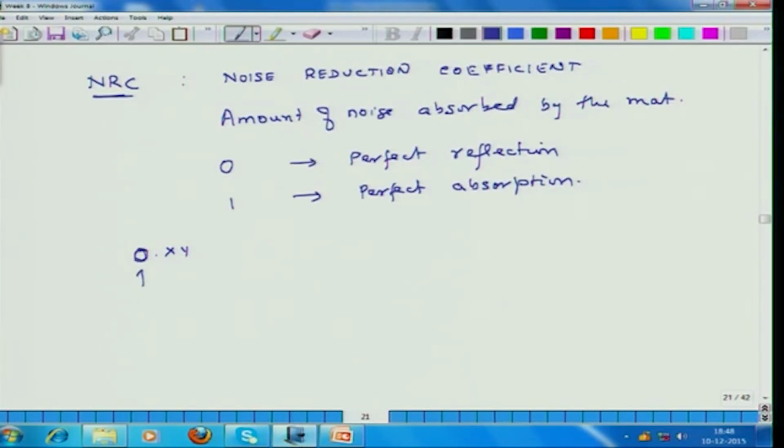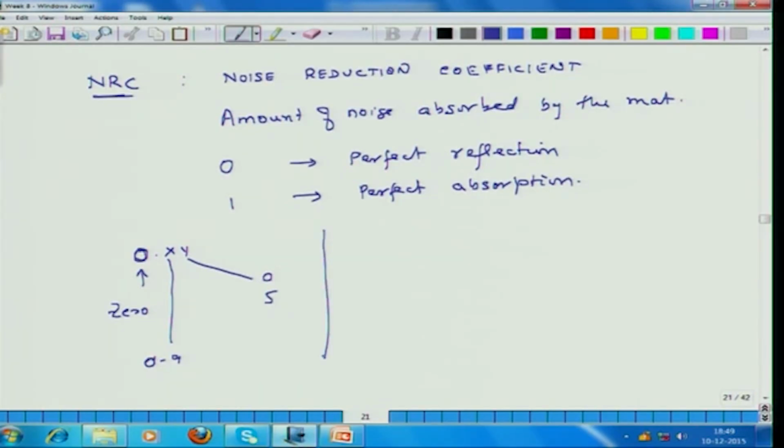The first number is 0, then you have a decimal place, then this X could be anywhere from 0 to 9, and then the Y is either 0 or 5. So you can have an NRC of 0.00, 0.05, 0.1, 0.15, and so on and so forth. But you won't have an NRC of 0.27.